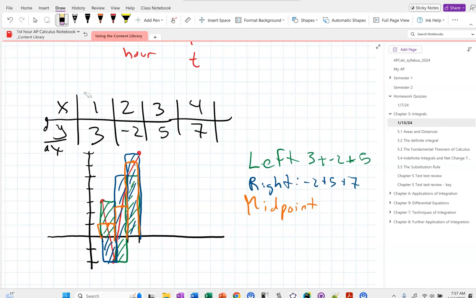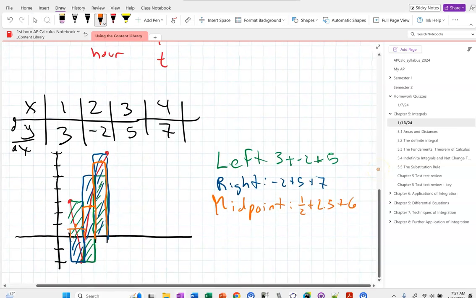Oops, that first one is too high. It's supposed to be just like that. So it'd be 1/2 plus 2.5 plus 6.